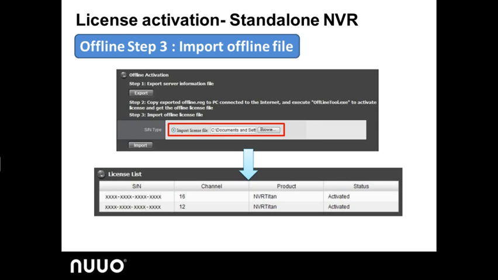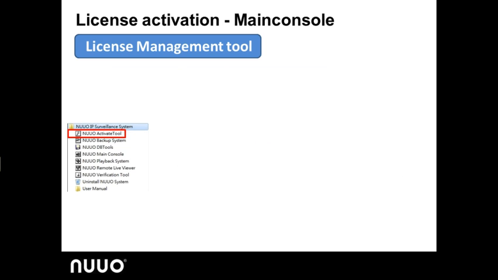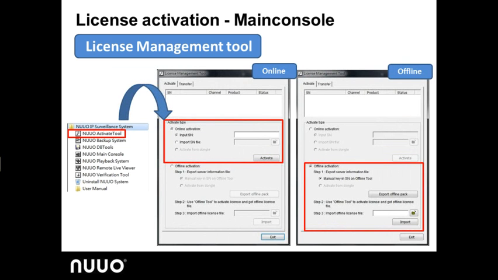After the setup on the NVR, since the activation procedure of the main console is similar to the NVR, I will explain the differences between the NVR and the main console. As you can see, this is an activation tool snapshot of the main console.